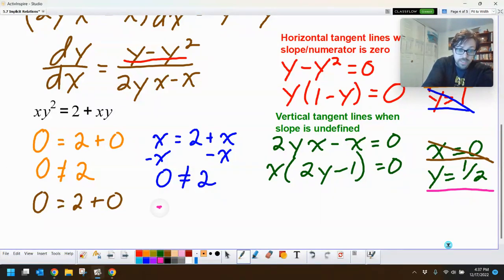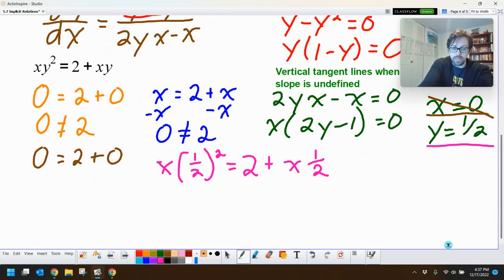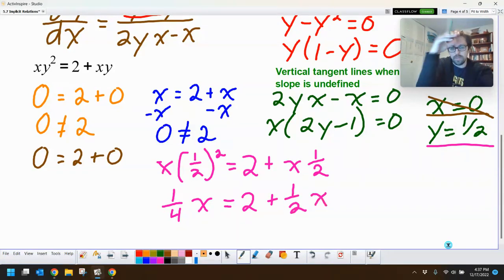So this gets us an x and a 1/2 squared equals 2 plus x times 1/2. So then let's see. So that's a quarter x equals 2 plus a half x. I'm going to multiply everybody by 4.